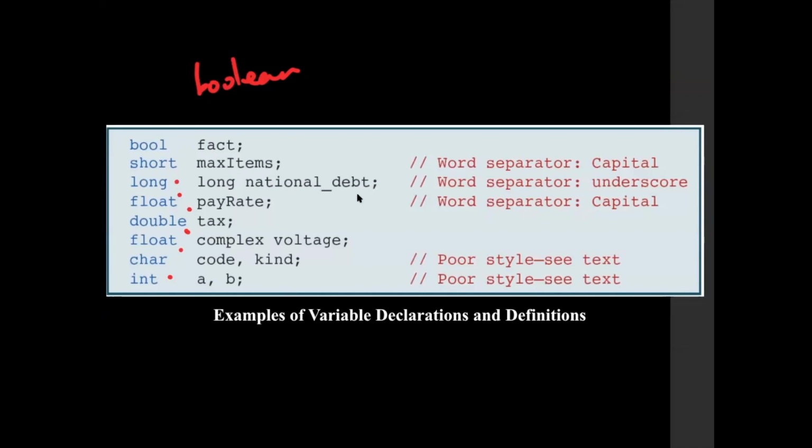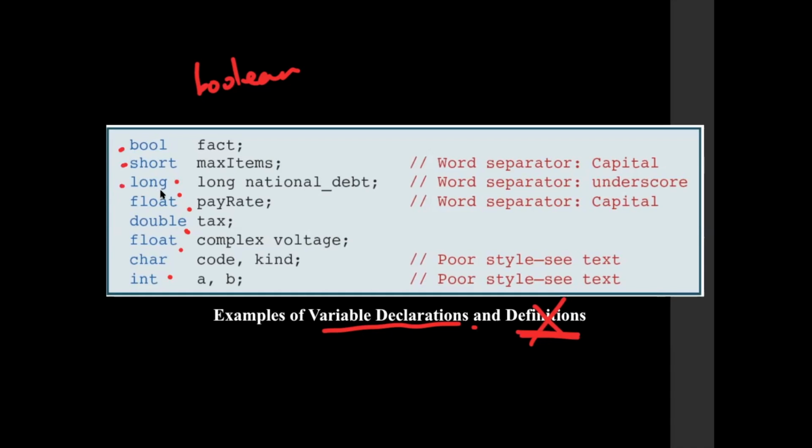These are various different examples of variable declarations. Actually, there are no definitions. A definition is when it is defined with a value associated with it. So this is just a declaration. You're declaring a Boolean called fact. You're declaring a short called max items.